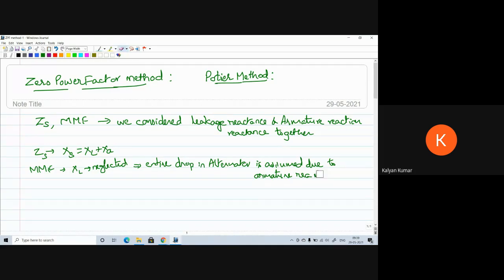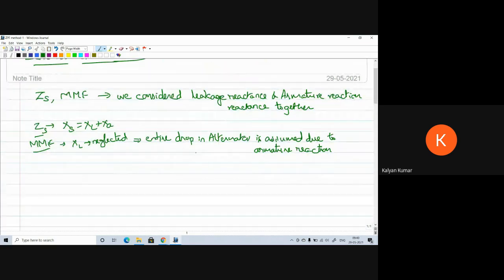That means we did not consider the leakage reactance, and the drop due to leakage reactance is also taken into the armature reaction drop itself. Therefore, in the synchronous impedance method and the MMF method, we have taken the leakage reactance effect and armature reaction effect combined.